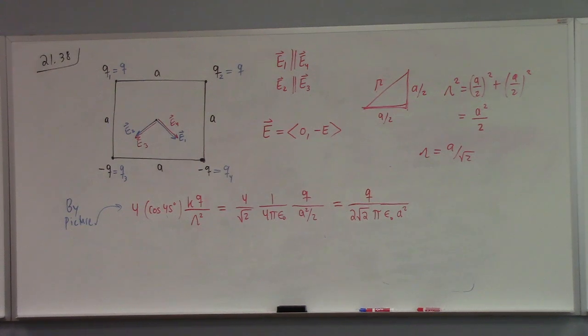So net force is F1 plus F2, which it looks like, I guess we can write K over L squared, there's a net of K over L squared in all this, right?